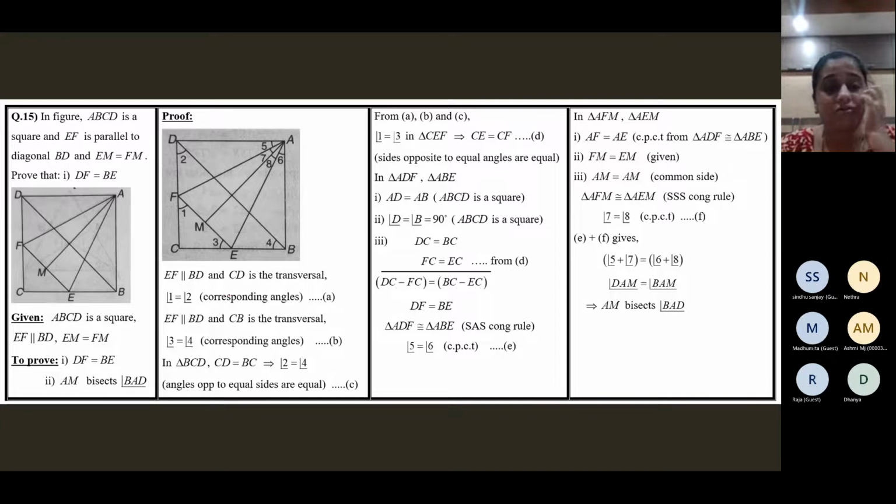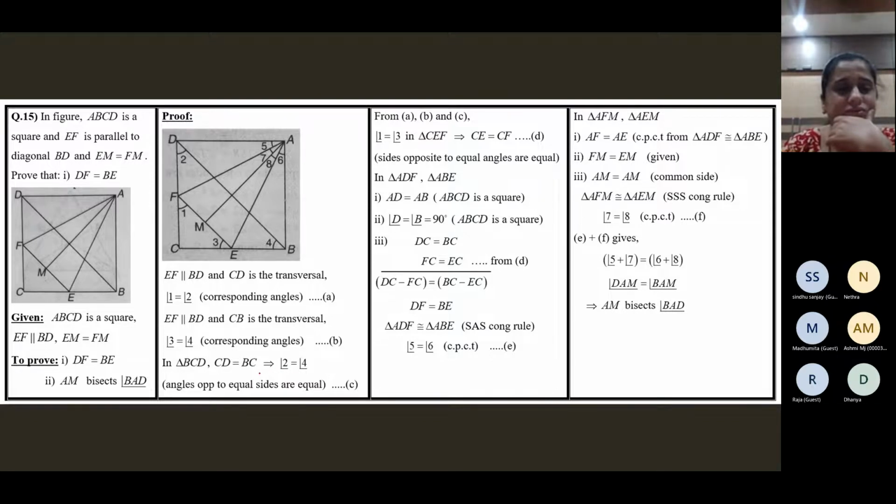So EF is parallel to BD and CD is a transversal, so corresponding angles are equal. EF is parallel to BD, CB is a transversal, so angle 3 is equal to angle 4. In triangle BCD, CD is equal to BC.